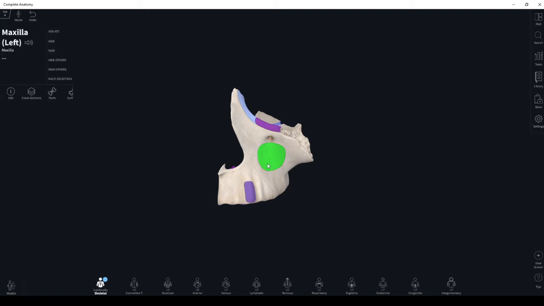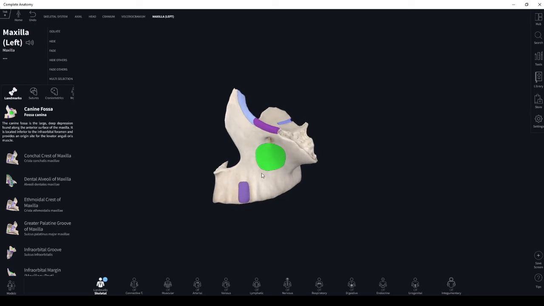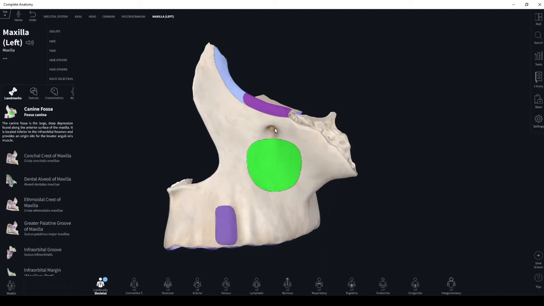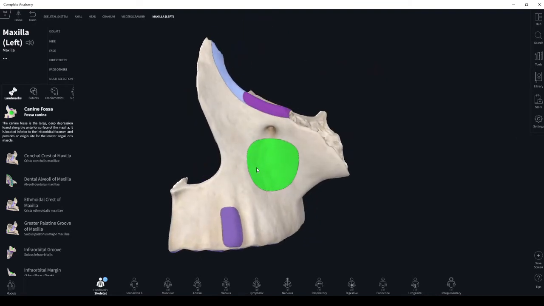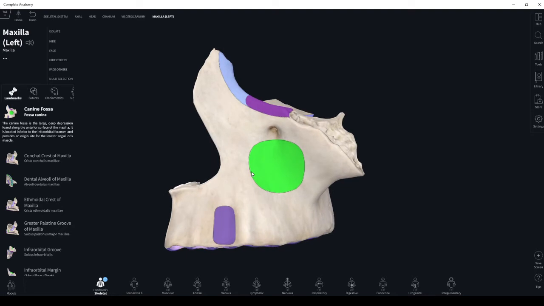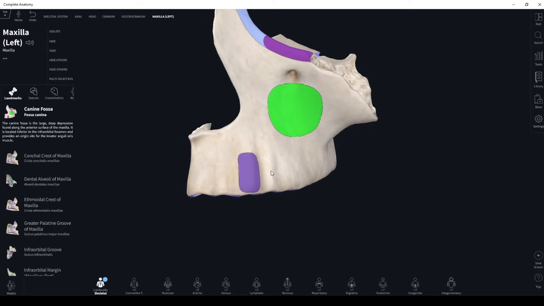It is the canine fossa, fossa canina: a large, deep depression found along the anterior surface of the maxilla, located inferior to the infraorbital foramen. Here is the infraorbital foramen, which leads to the infraorbital canal, and it provides origin for the levator anguli oris muscle. It can be more deep or less deep.